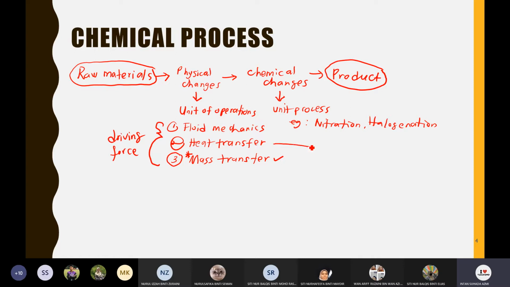For heat transfer, for example, you have point 1 and point 2. The temperature for both points should be different so that heat transfer will occur. If the temperature here is 50 and the temperature here is 50, there is no heat transfer. So the temperature must be different, then heat transfer will occur. The same for mass transfer, there should be a difference of concentration.